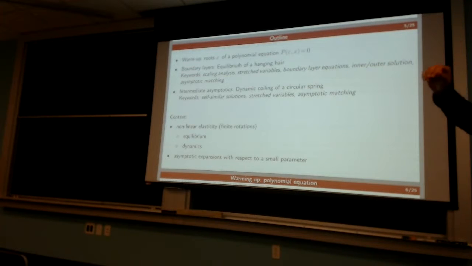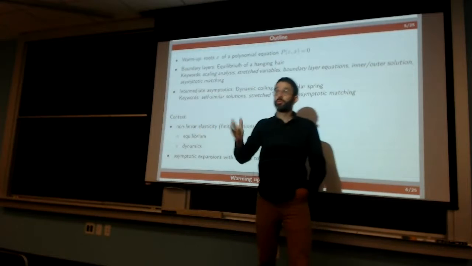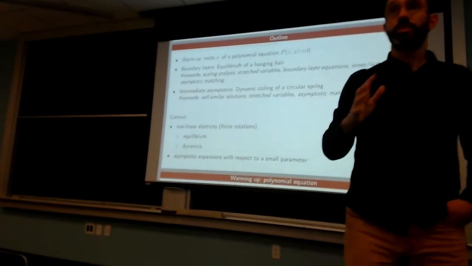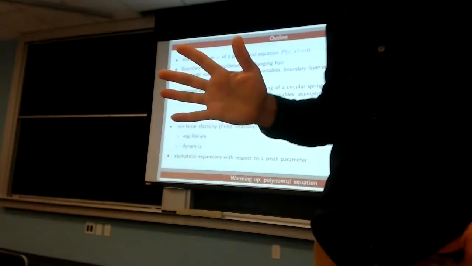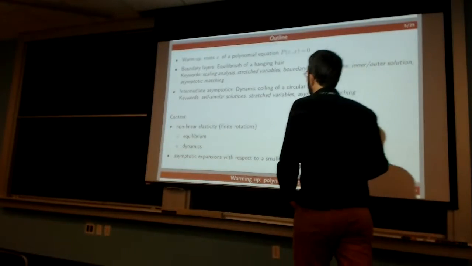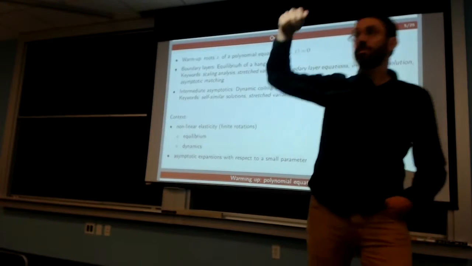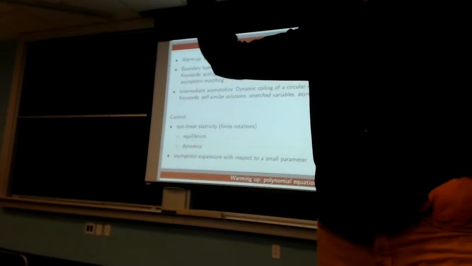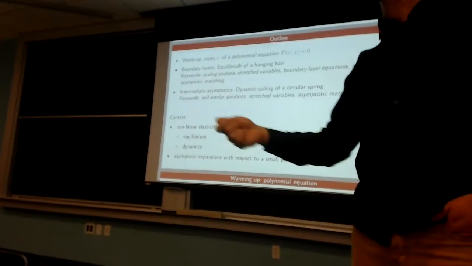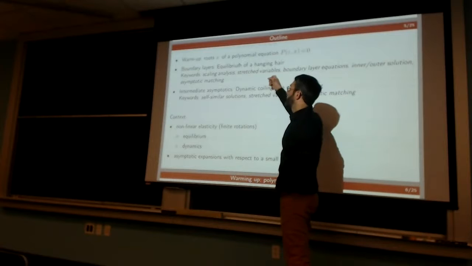Then the first big part of the lecture will be about boundary layers. So these are singular problems in statics. You're trying to solve an equilibrium. And the example I'll be showing you is the hanging chair. So it's a beam, an inextensible beam subject to its own weight, and you're just trying to classify the equilibrium shapes as a function of the weight, for instance.